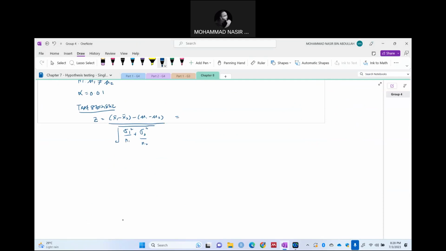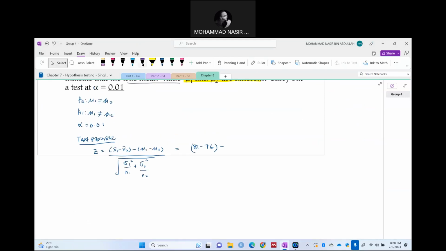Okay. So x bar 1 is equal to 81. So 81 minus x bar 2 equal to 76. 81 minus 76. Minus (mu1 minus mu2). So if you look at this one, right? Under the null hypothesis, mu1 minus mu2 equal to 0.